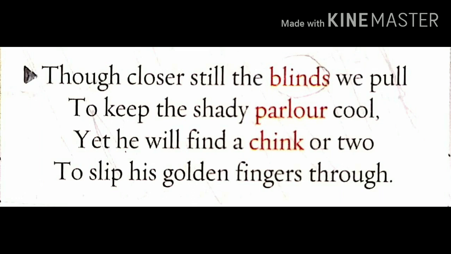Golden fingers refers to the sunlight, the sun rays. So no matter how much you cover your window with thick curtains, the sun rays get a chance and find a crack or opening through which they can enter your rooms.